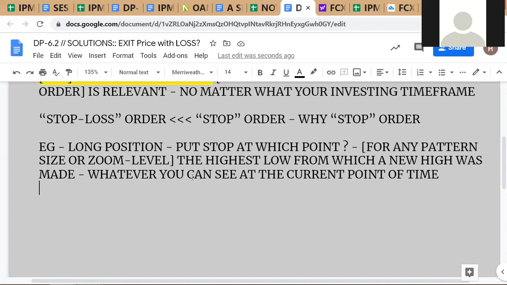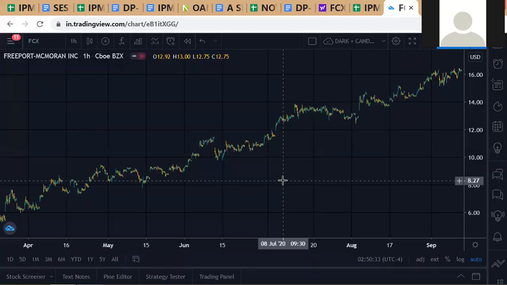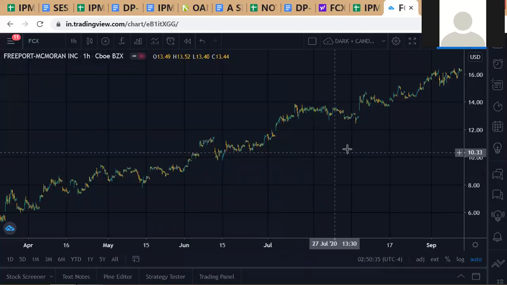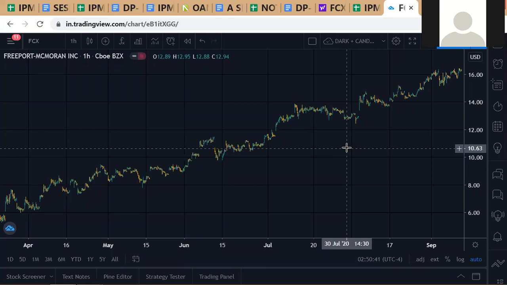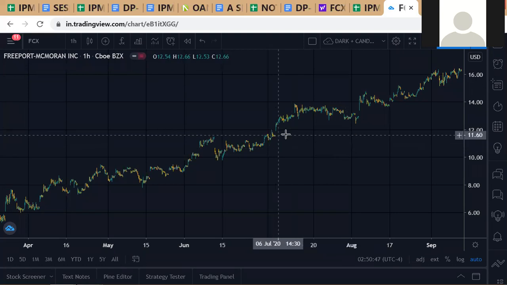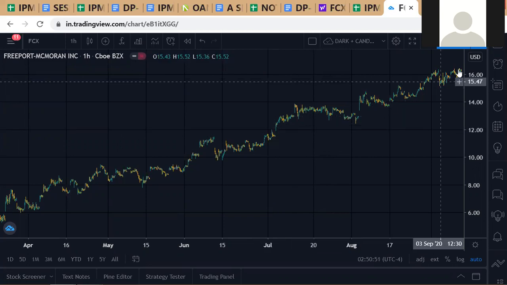And whatever you can see at the current point of time, which means imagine that you're doing this constantly. Every 10 minutes, you're asking yourself the same question. After 10 minutes, of course, the market has moved a little bit. You can do this even after one day. Every day there is some movement, so the market has changed. So every day he was asking himself this question.